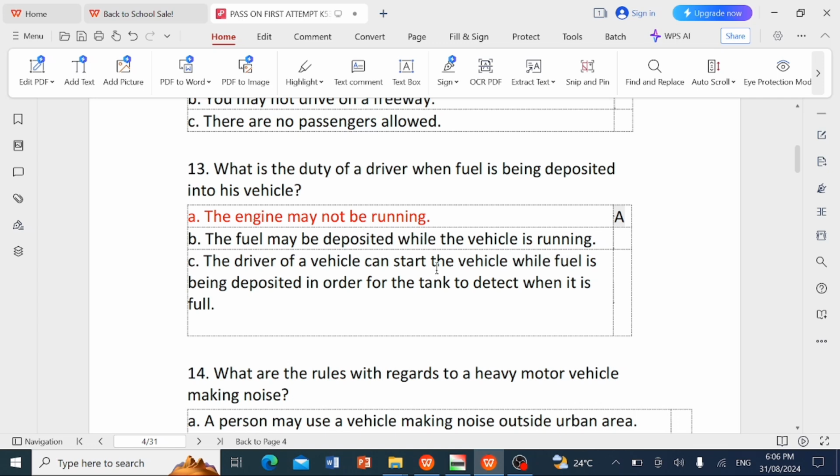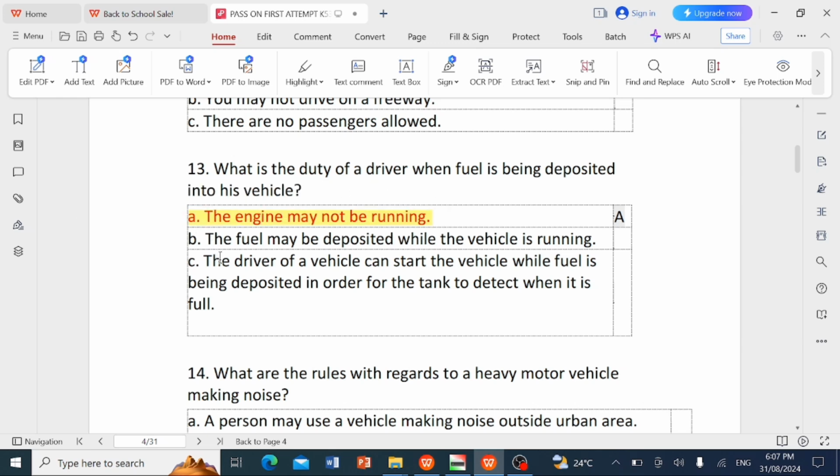Okay, so this has the potential to cause an explosion in that place if fuel is being pumped into your car and it is running. So do make sure that you turn off your engine. Also, an engine that's running while fuel is being pumped into the car has the capacity to damage your engine. So do make sure that your engine is not running when you are fueling your vehicle.